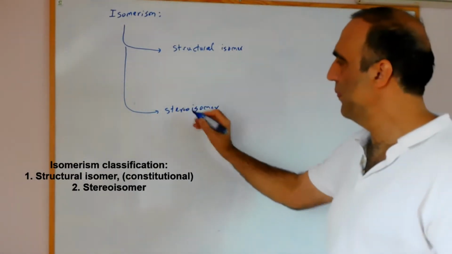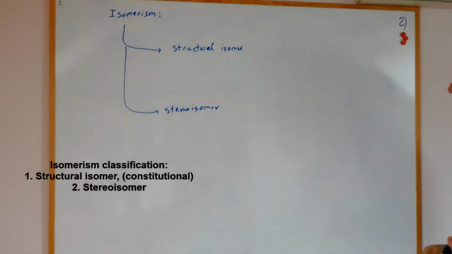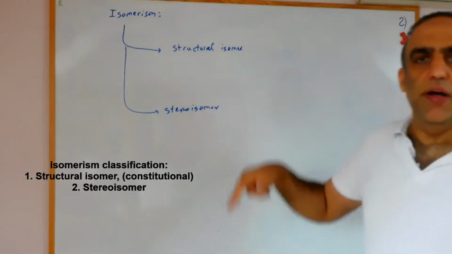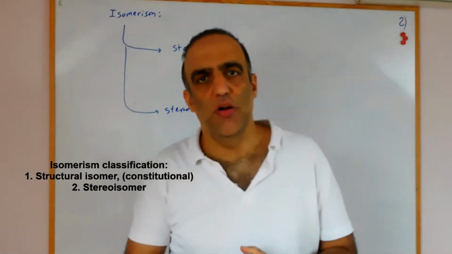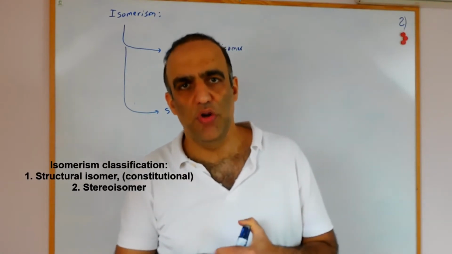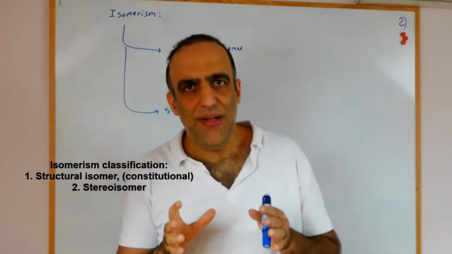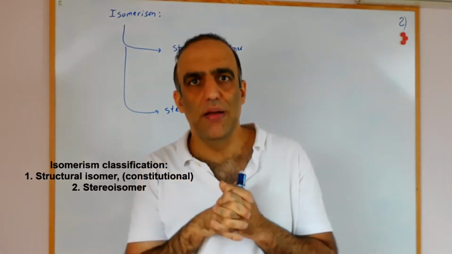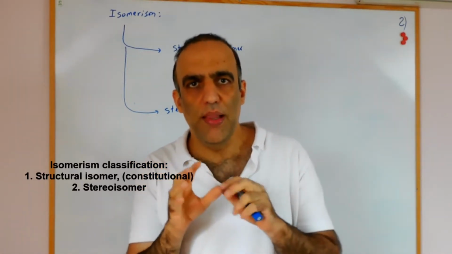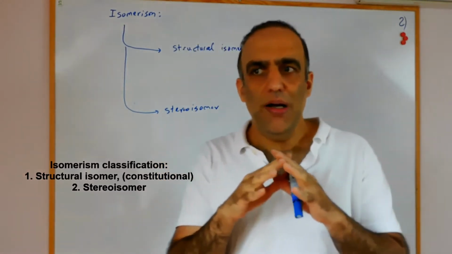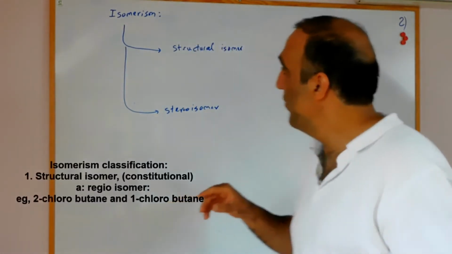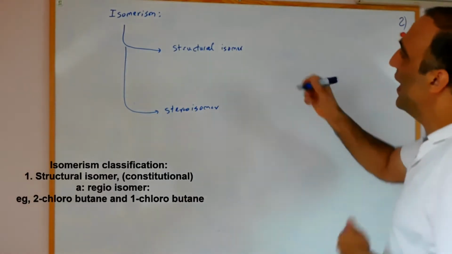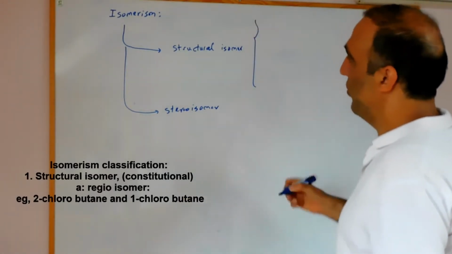Okay? A structural isomer has a different structure, but in the stereoisomer, the difference is in the 3D form, in space, but the formula is the same. In the structural isomer, we can divide into three groups.